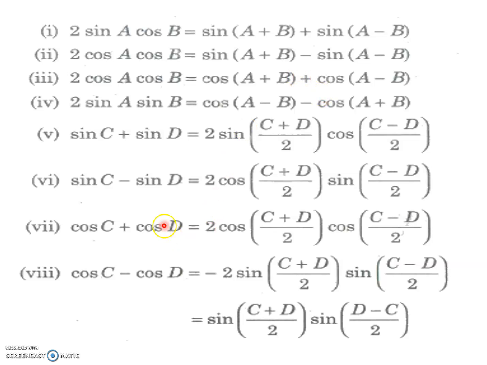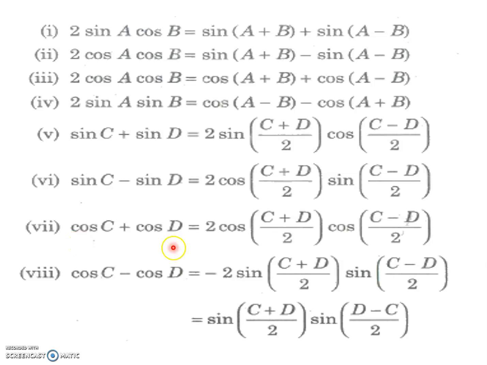Now the next one: sin C plus sin D is equal to 2 sin C plus D upon 2 into cos C minus D upon 2. Sin C minus sin D is equal to 2 cos C plus D upon 2 into sin C minus D upon 2.